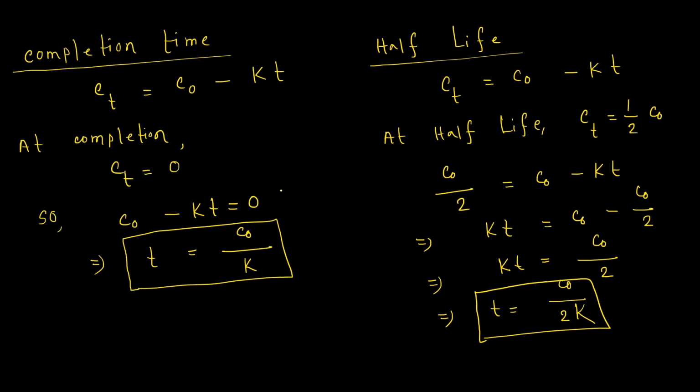Now, if we take a reaction like nA gives products, so for this kind of reaction, our remaining concentration Ct will be initial concentration minus nKt. Our drop in concentration will be nKt.